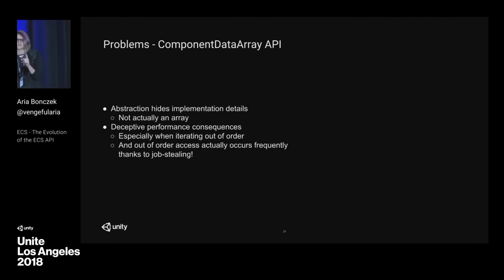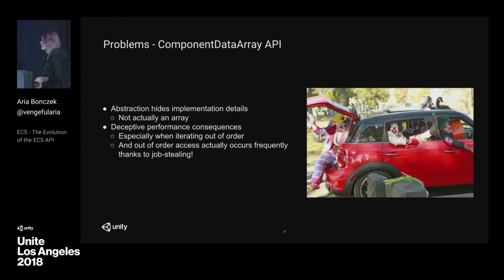But now we are deliberately jumping around in that chunk structure on different threads just by stealing another job, something that's supposed to be a good thing, supposed to be an optimization. Lots of clowns in the component data array car.